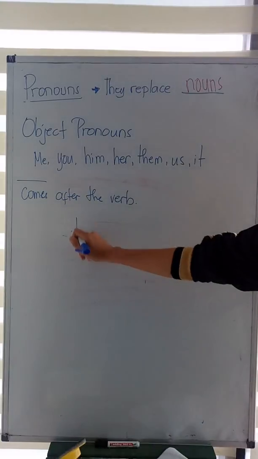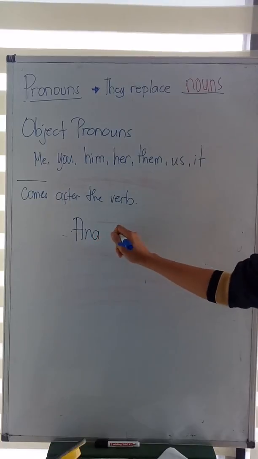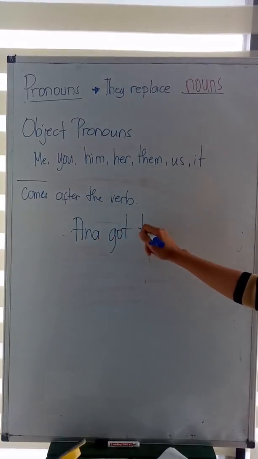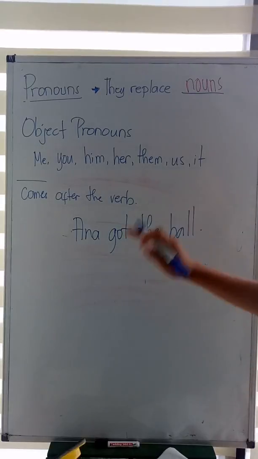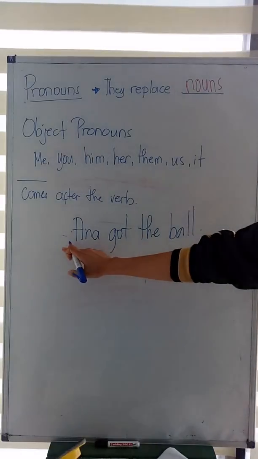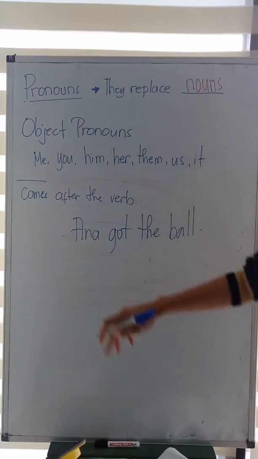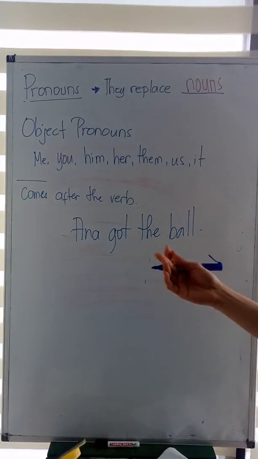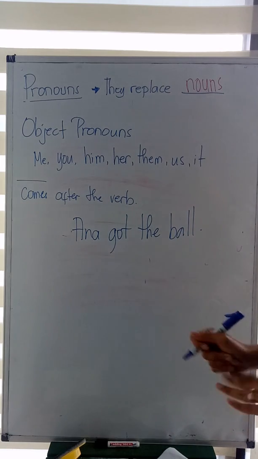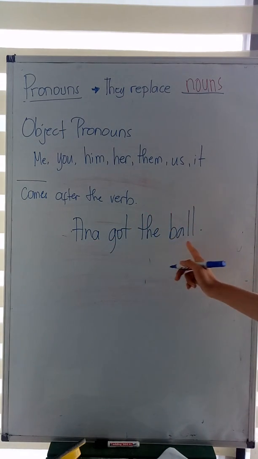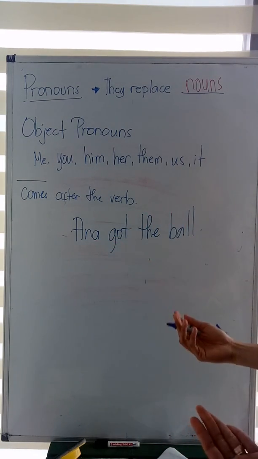Example, we have the sentence, Anna got the ball. Okay, our subject here is Anna, but we are talking about the object pronoun, the word that receives the action in the sentence.